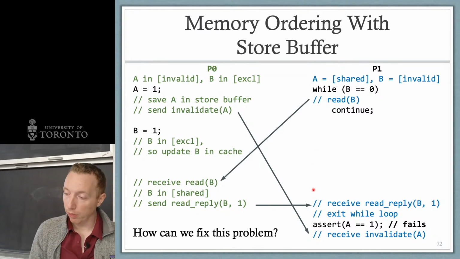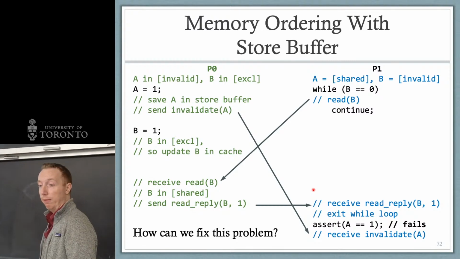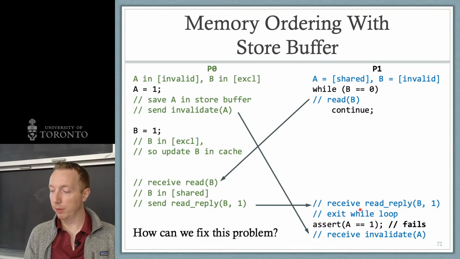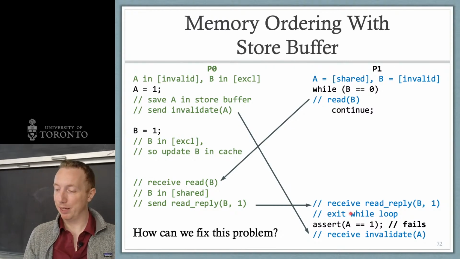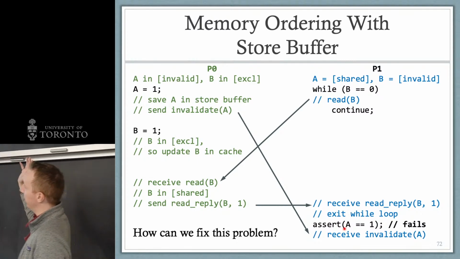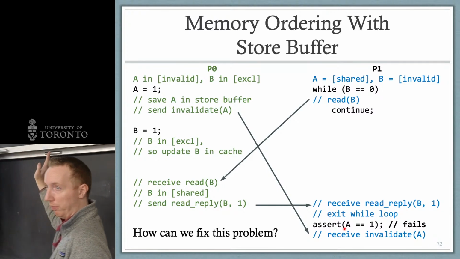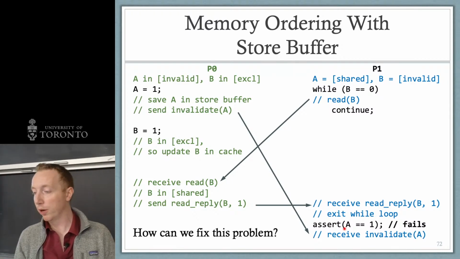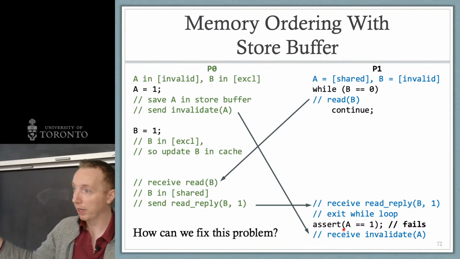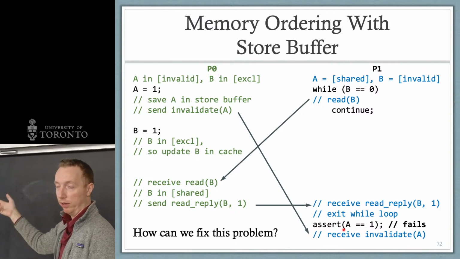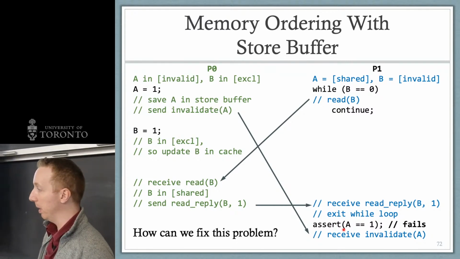So thread P1 would read that value of 1, and then we would exit the while loop, and then, well, because we didn't acknowledge that invalidate of A yet, we actually read the shared value we thought was all up to date before. Because we didn't receive the invalidate signal yet, we didn't acknowledge it or handle it now. So A will be in our cache, it will be 0, and we'll be like, yeah, that's good. And now we think A is equal to 0.